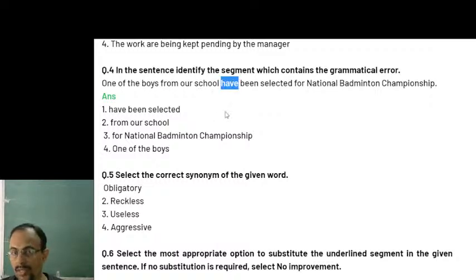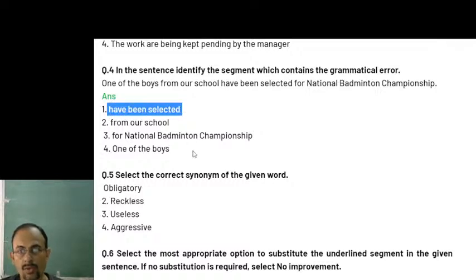I hope you understood the reason why it should be has not have, because I'm talking about one boy. One of the boys means one boy out of all the boys. That is why, as one is singular, the verb should also be singular. That is why, in place of have, it should be has. Therefore, one of the boys have been selected is wrong.